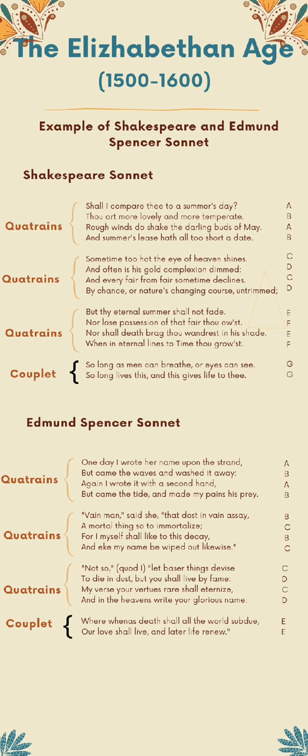So the rhyme scheme is B C B C. The third quatrain, device, fame, enterprise, name. So C D C D. And then the last, the couplet, subdue, renew. So the rhyme scheme is E E.